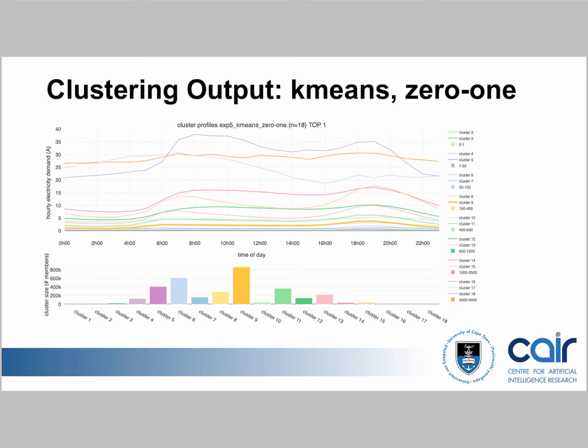And this is the clustering output that we got for that. These are the 18 representative daily load profiles that we got. You'll see that we've got cluster 9, which contains 800,000 profiles, so about a quarter of all the daily load profiles belong to cluster 9, which typically isn't particularly useful.